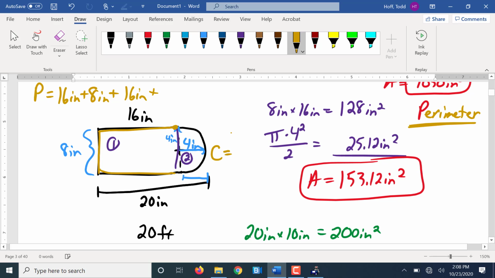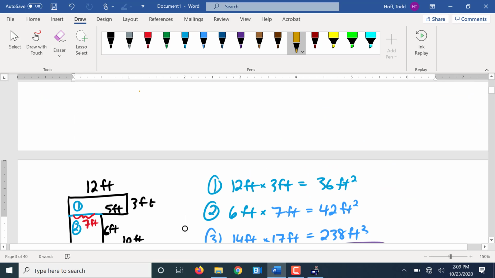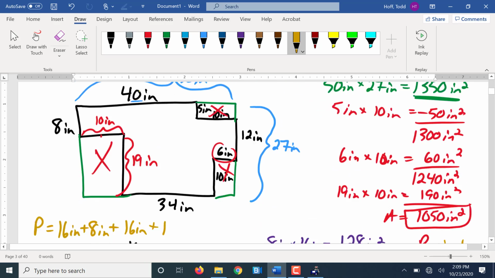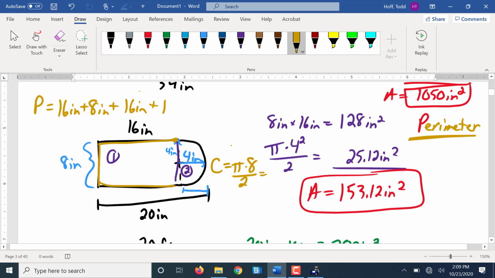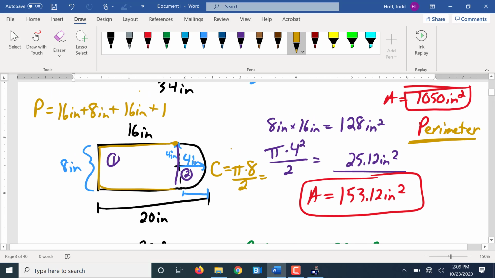That's circumference is pi times diameter for circumference, right? So it'd have to be the 8, but it's only half a circle, so divide by 2. So it does end up being 5 times 4. But so that comes out to be, oops, get back here. 6.28 seems a little small.